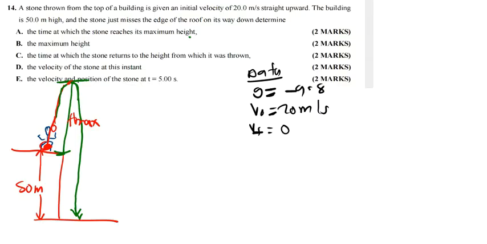Then I want to find the maximum height. I think the third formula. No, I want to find the time. Yes, I want to find the time. I can use the first formula where we are saying V final is equal to V initial plus GT.